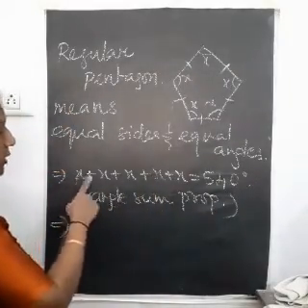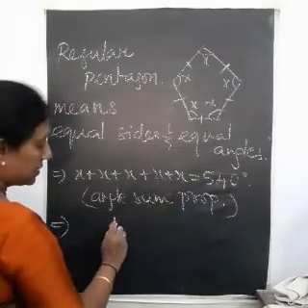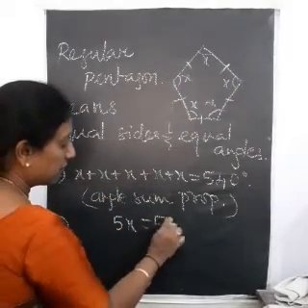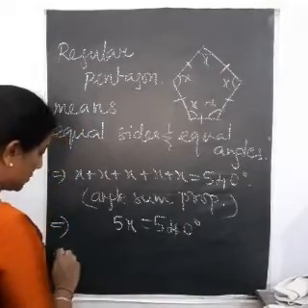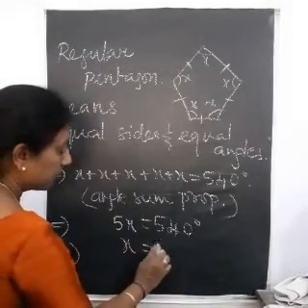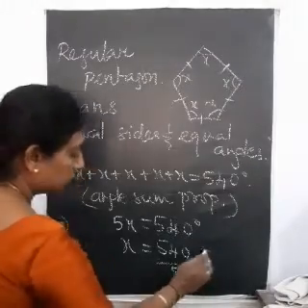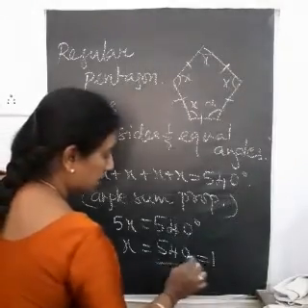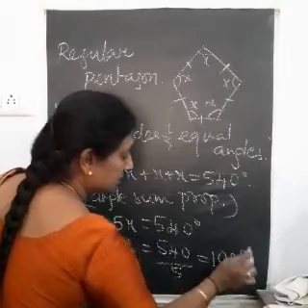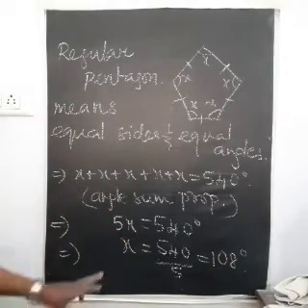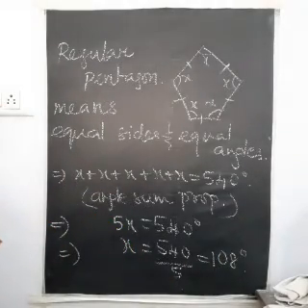If you add 1, 2, 3, 4, 5, so 5x is equal to 540 degrees. So what is x equal to? 540 divided by 5. So how much will that be? 5 will go once, it will not, 108 degrees. So the value of x is going to be 108 degrees.